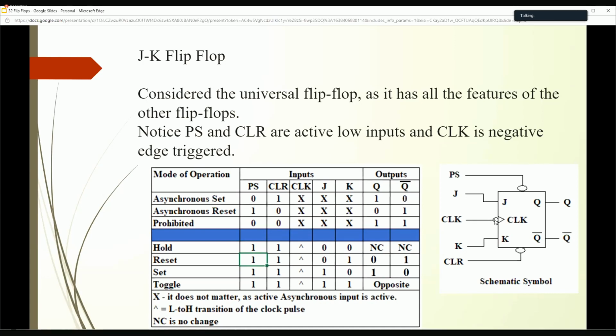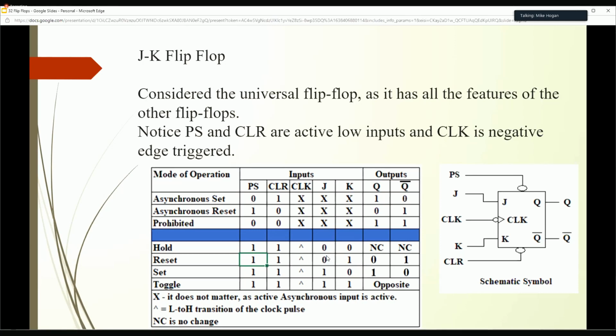And so it looks like we're talking about a clock that is going to be negative edge triggered, on a high to low transition. Well, we look at our J and K inputs, both are active high. If I get a 0 and a 0, neither are active, therefore no change. We're just going to hold what we got.